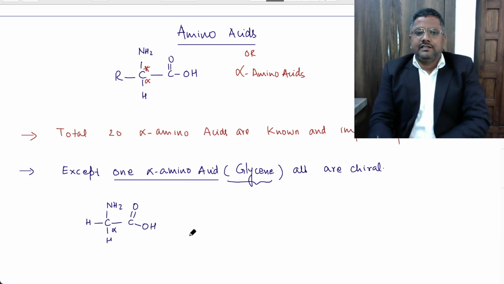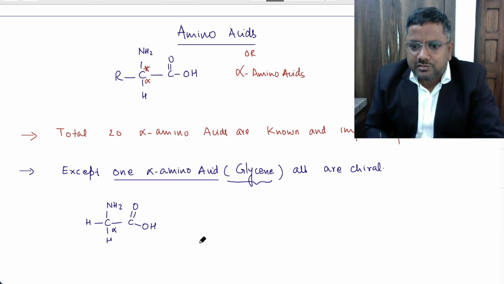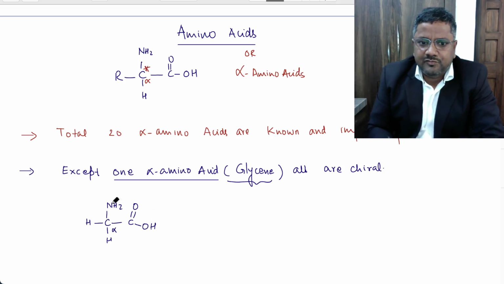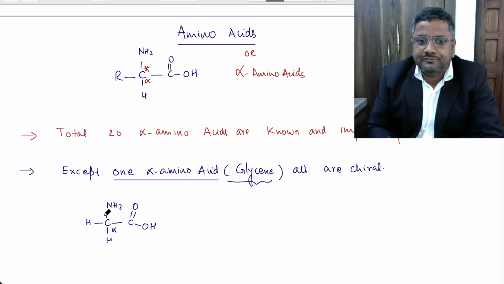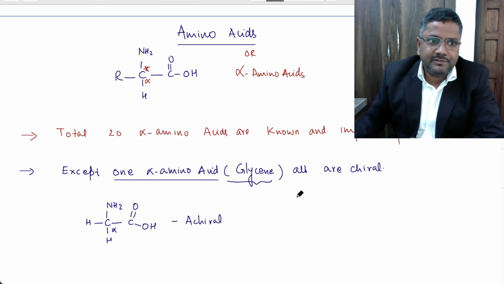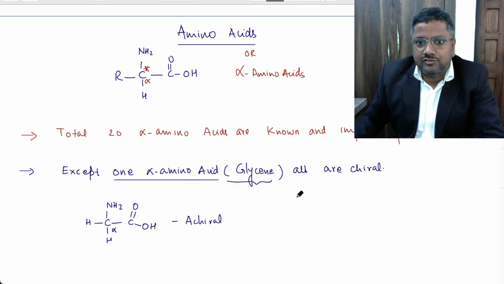So you can say that this is the simplest amino acid, the first member of this series, where R is equal to H. So this is achiral, and the rest, all 19, are chiral, right? This is one observation.